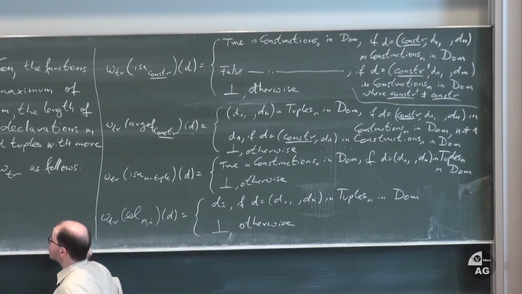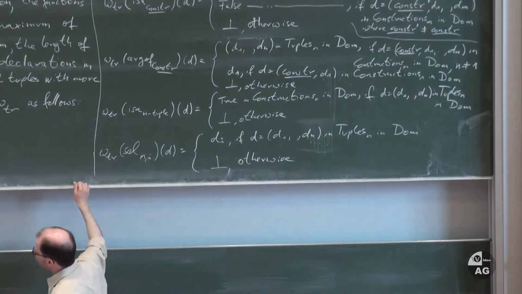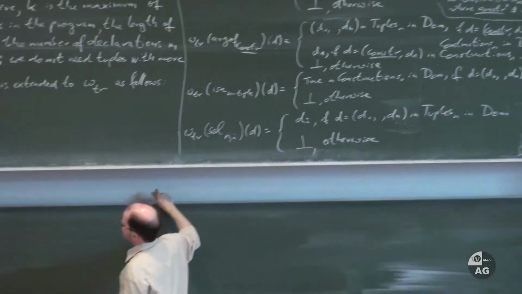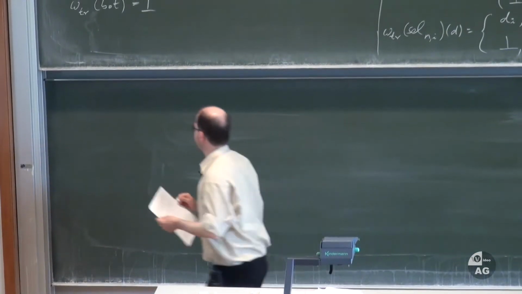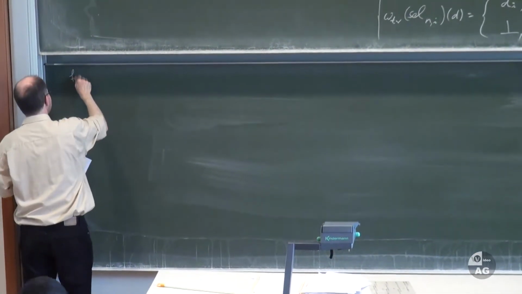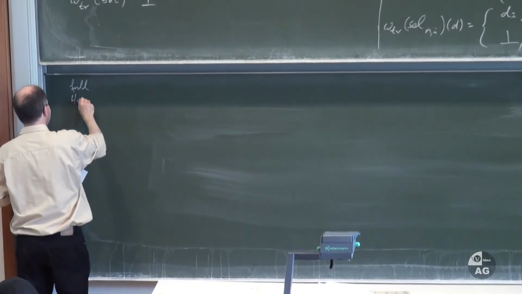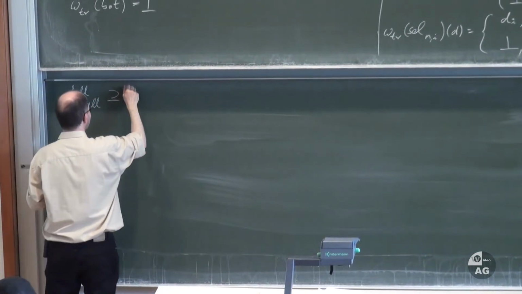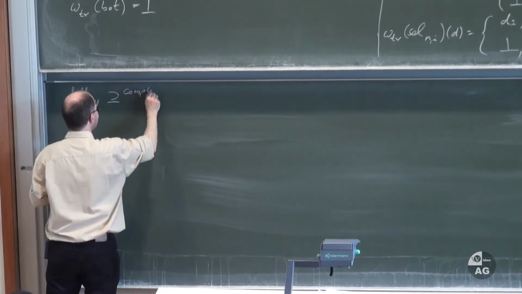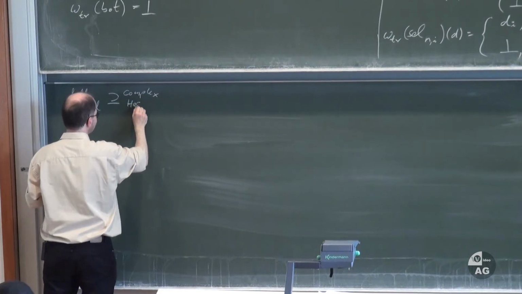To make life a little easier, we will not consider all features of Haskell, but we will restrict ourselves a little bit. So we will distinguish between full Haskell, and full Haskell is a superset of complex Haskell, which in turn is a superset of simple Haskell.